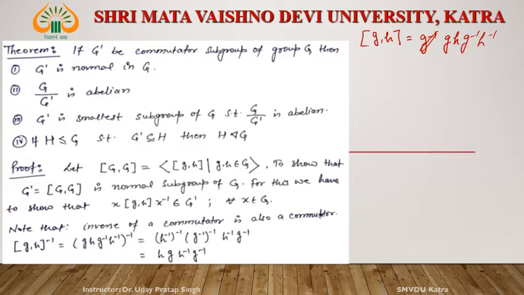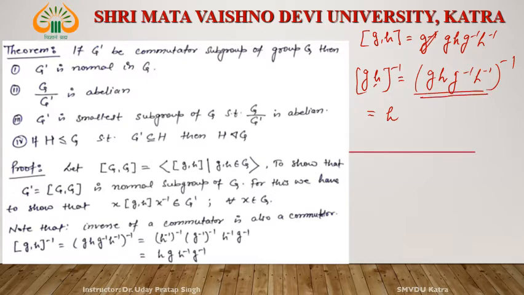Then what is [g, h] inverse? This is (g h g inverse h inverse) whole inverse. Applying the reversal rule, this is h inverse inverse, h, g inverse inverse, g, h inverse, g inverse.